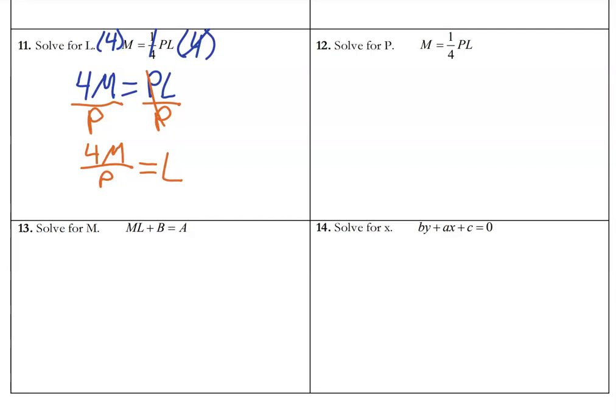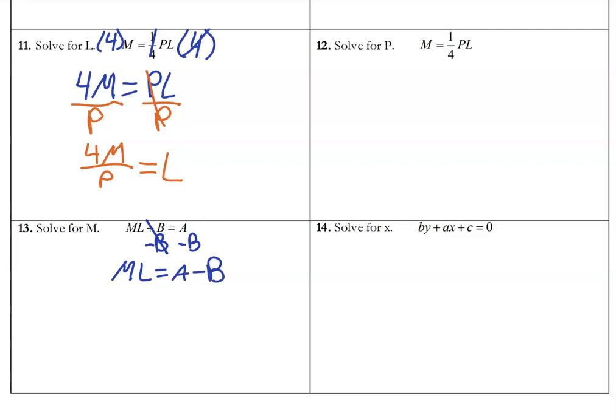Anytime you have two things happening, you always want to get rid of addition or subtraction first. That means this plus b is what I'm going to get rid of first. And since it's adding b, I'm going to do the opposite. I'm going to subtract b from each side to cancel that out. So now on the left, I have ml. And then on the right, we have a minus b.